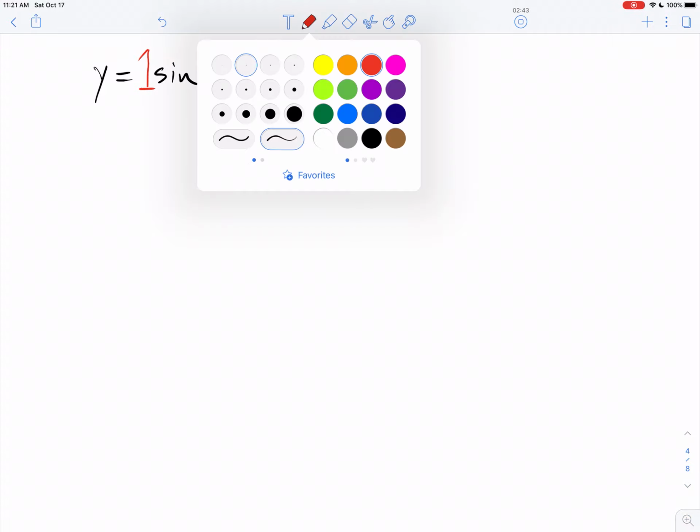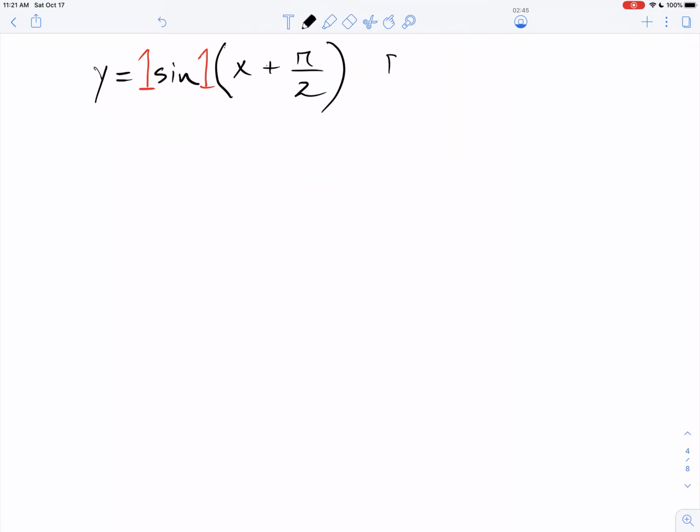If I were to find the period for this thing, I would say the period is 2 pi divided by 1. That guy, that's my B. And then I would say, oh, so it's a period of 2 pi. Yeah, it is. And in fact, the increments have not changed. I haven't changed the way I find increments on this stuff.